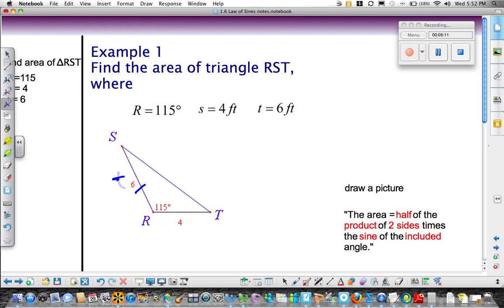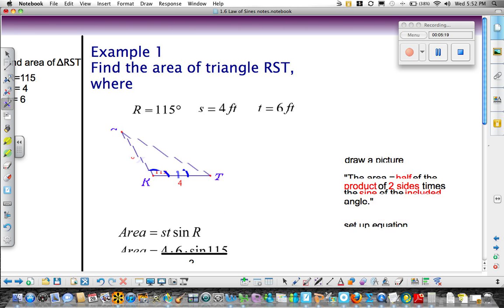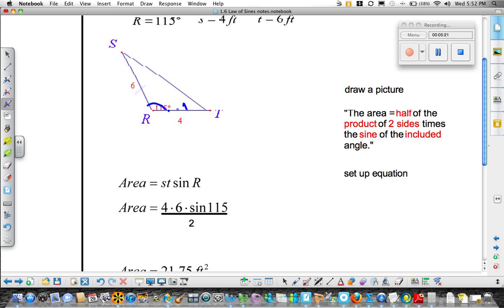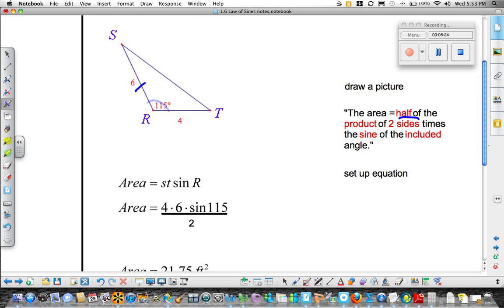Now, looking at this information, I have a side, I have another side, and I have the angle in between. That means I can use that little formula to find the area. The area is equal to 1/2 the product of those two sides times the sine of the included angle. So in this case, it's side S times side T times the sine of R, all divided by 2, because we want 1/2 of that.